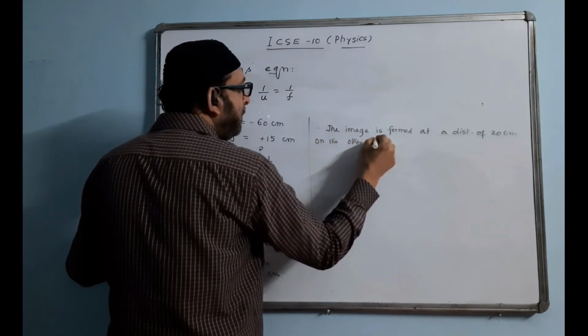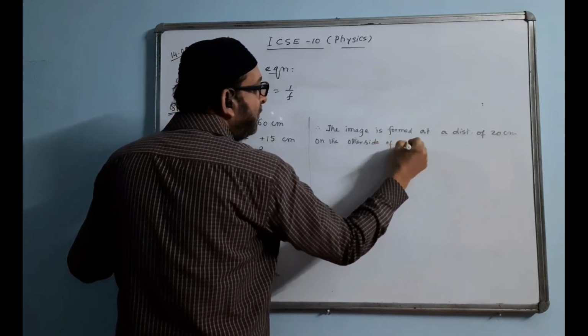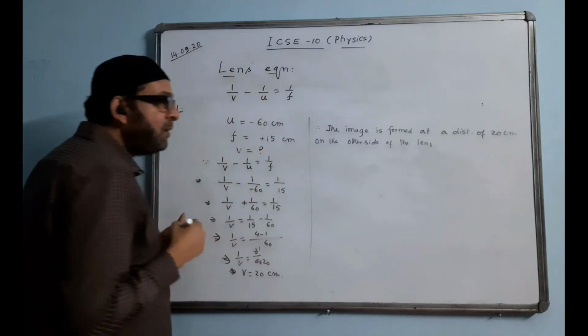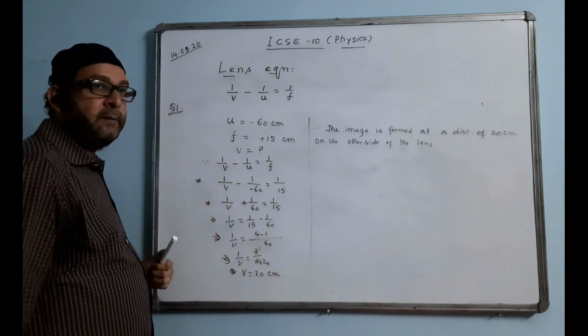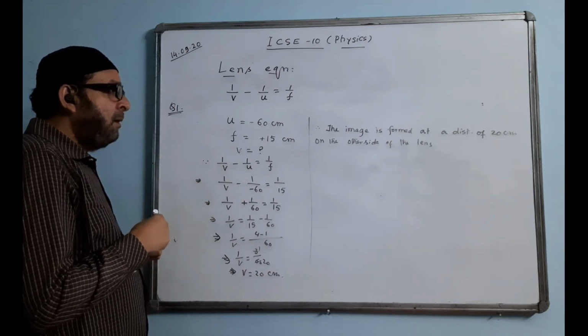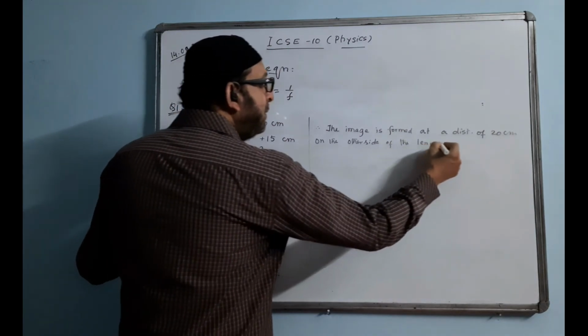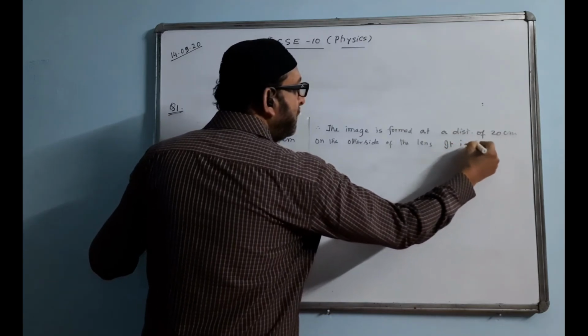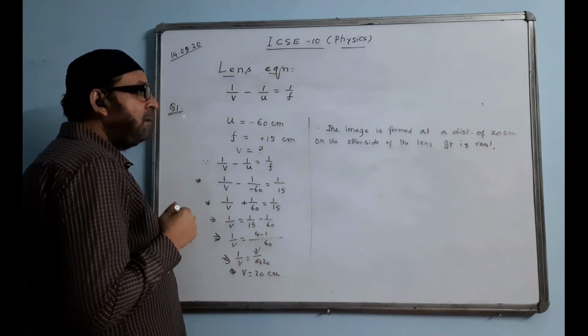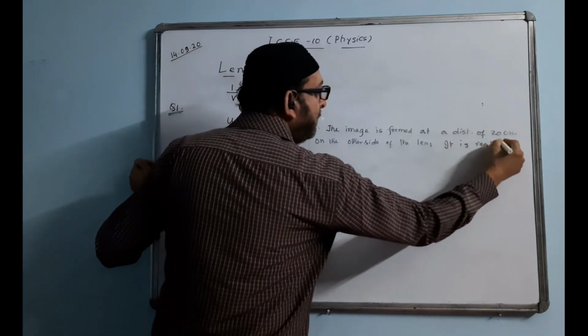How do we know it is the other side? Because the sign is positive here. If the sign comes negative, we say the same side. Then we write that it is real. Real will be inverted.